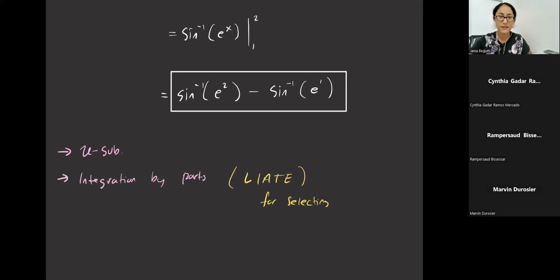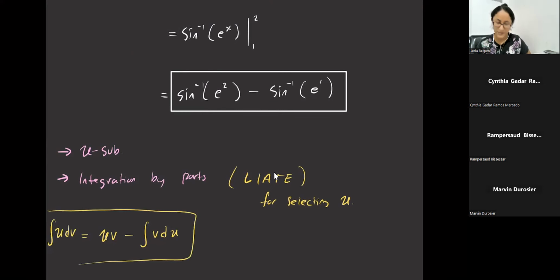I don't know if I mentioned it in class. Logarithms, inverse, algebra, trigonometry, and exponential. If you have those functions, pick those to be your u, and dv is the remaining piece of the integrand. The formula for integration by parts is uv minus the integral of v du, where you're selecting u and dv.